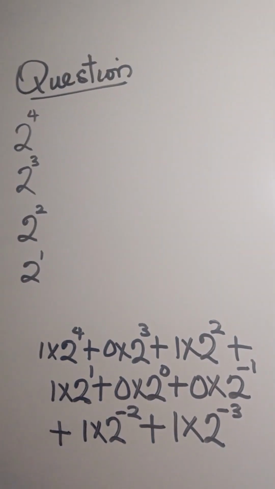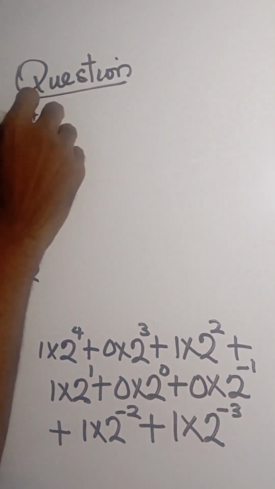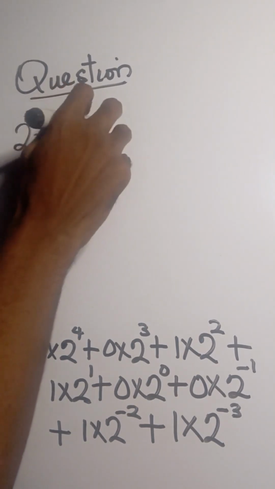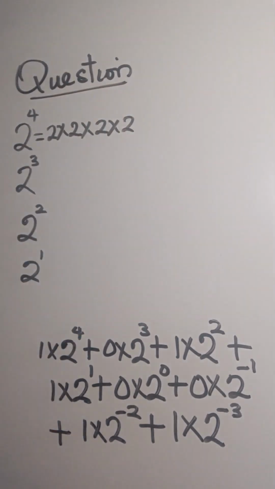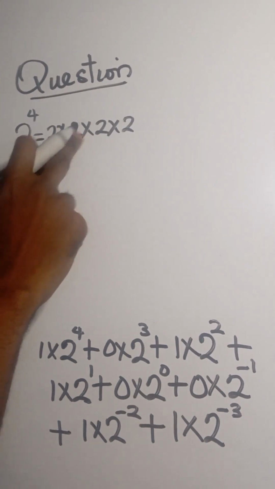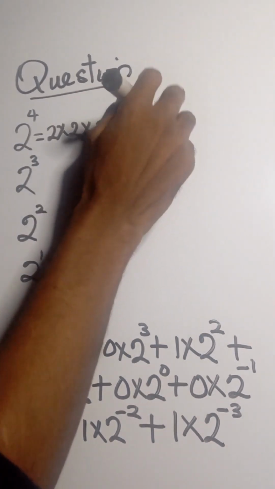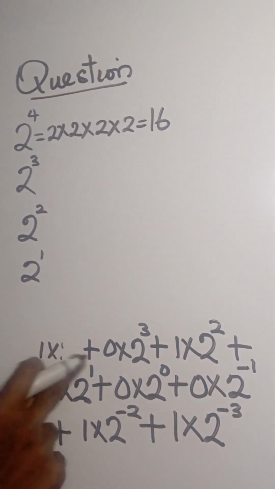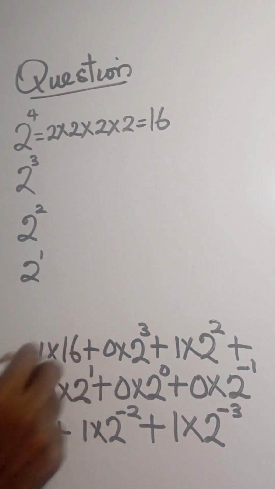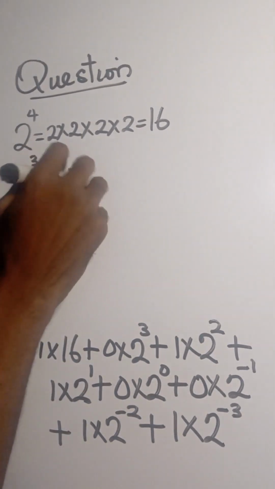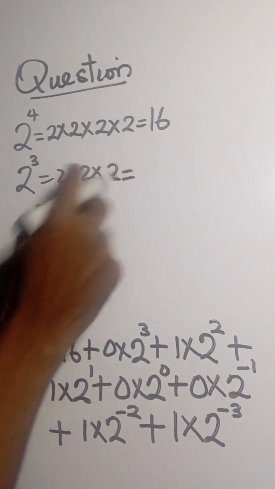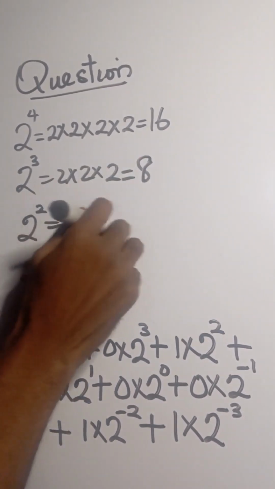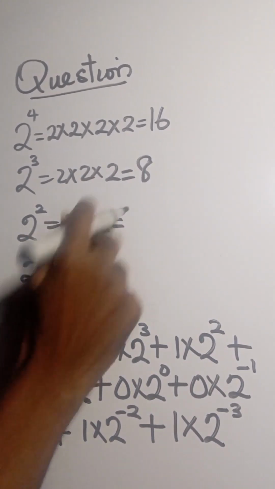Alright, so let's know what our powers mean. 2 raised to power 4 means 2 times 2 times 2 times 2. 2 times 2 is 4, times 2 is 8, times 2 is 16. So in place of this, we have 16. Next, 2 raised to power 3 is 2 times 2 times 2, which is 8. 2 raised to power 2 is 2 times 2, which is 4.